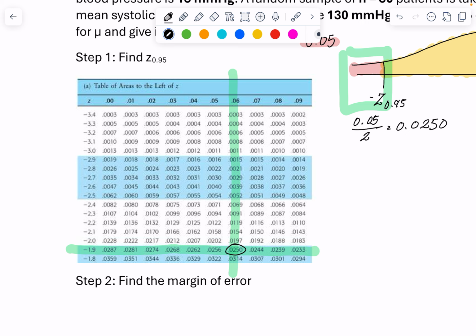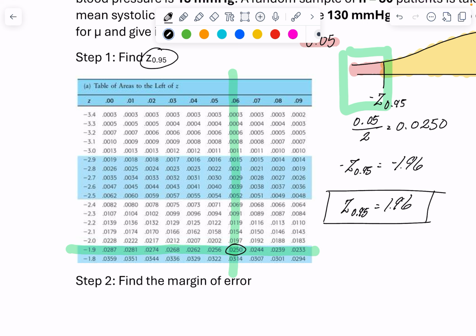Yes, that's right. And we see that our negative critical value is negative 1.96, which means that the positive critical value is going to be reported as the magnitude of it, or the positive counterpart of 1.96.